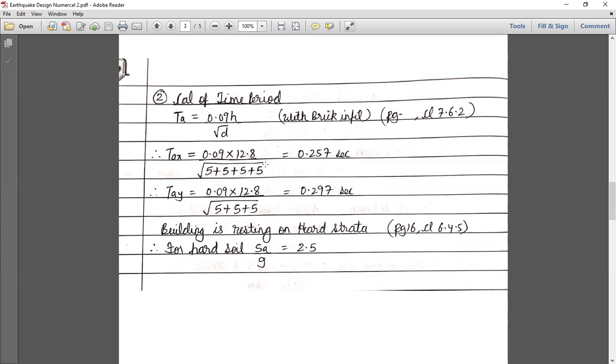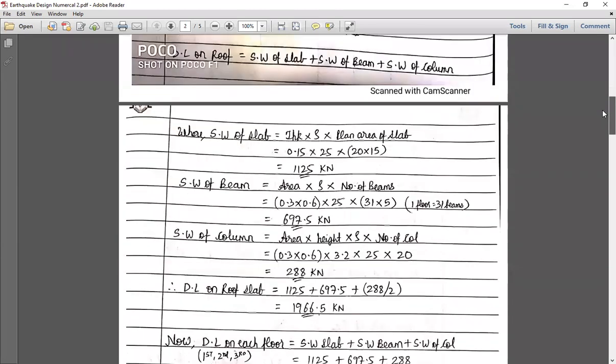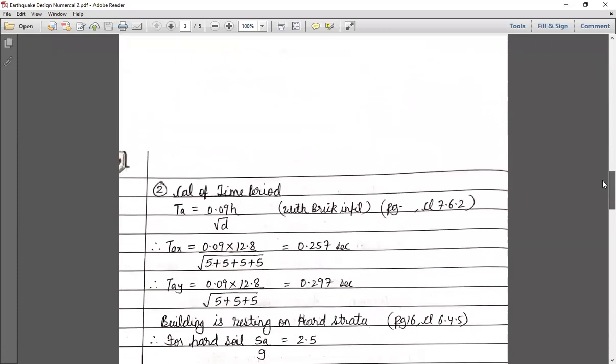So Tax is 0.09 into h is the same, and D x direction में कितना है? So here you can see the base dimension is 5, 10, 15, 20, और y direction में base dimension कितना है? 15. Okay, so that is what I have written. This is 20.